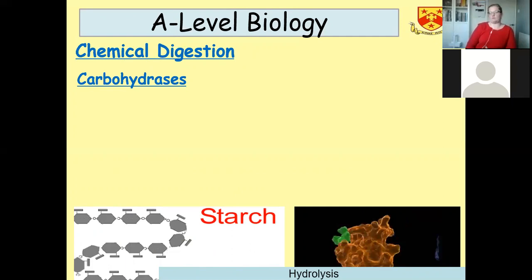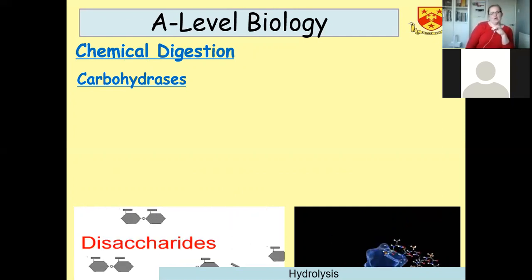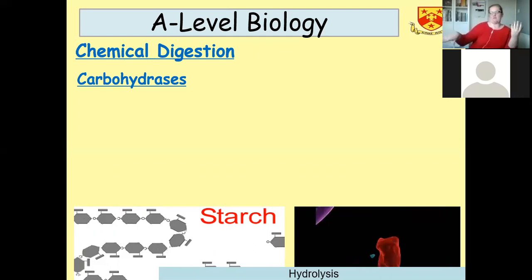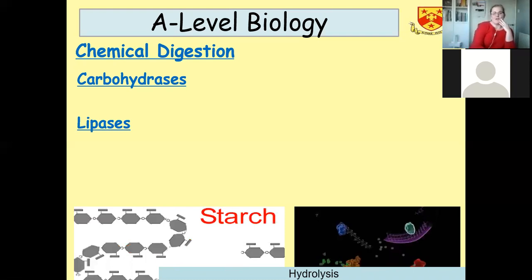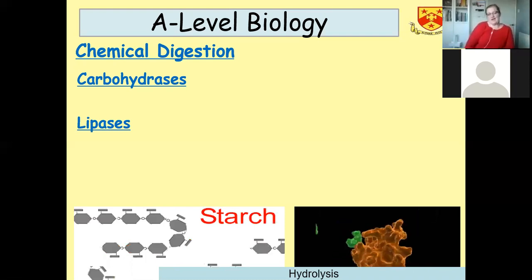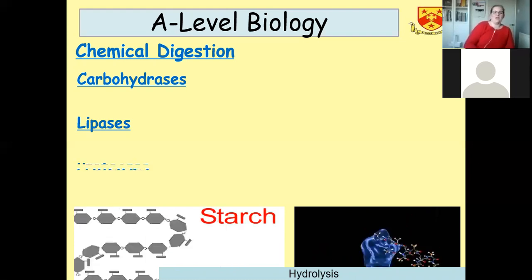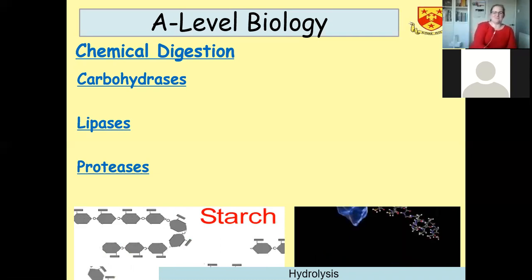If you remember back to when we've talked about enzymes before, they often end in ASE. And what's really quite nice, at the beginning we have carbohydrate, we just get rid of the 'drate' at the end and put 'ase', so carbohydrase. These are enzymes that break down carbohydrates. We also have lipases. Again, they're enzymes that break down lipids. We have proteases. These are enzymes that break down proteins.